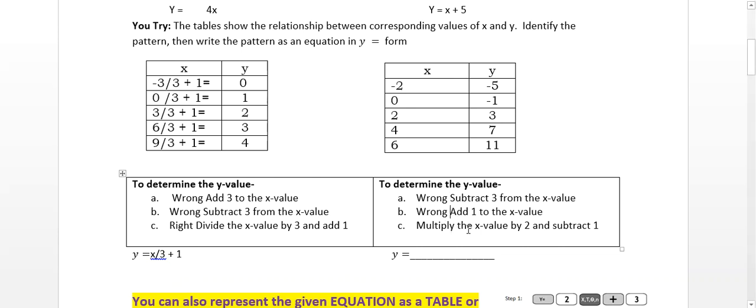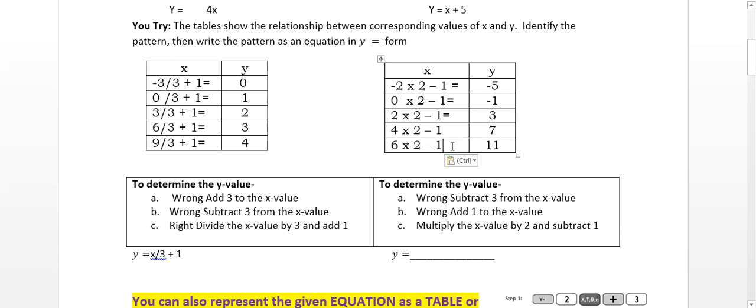It says multiply the x value by 2 and subtract 1. Negative 2 times 2 is negative 4, minus 1 does equal negative 5. So let's see if it works down here. 0 times 2 is 0, minus 1 is negative 1. 2 times 2 is 4, minus 1 is 3. 4 times 2 is 8, minus 1 is 7.